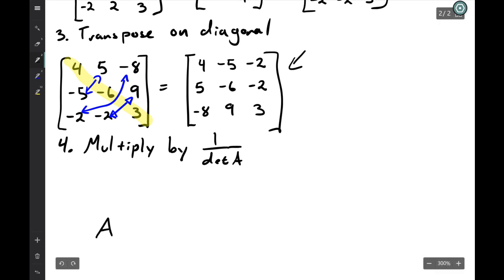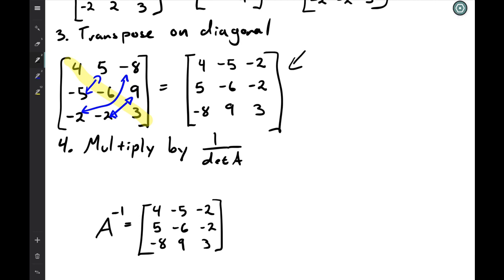So what you end up with is A inverse is equal to 4, -5, -2, 5, -6, -2, -8, 9, and 3. So that's your inverse. And if you don't believe me, let's check and find out.